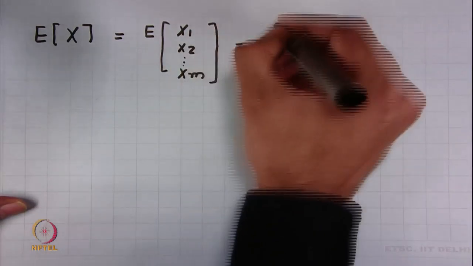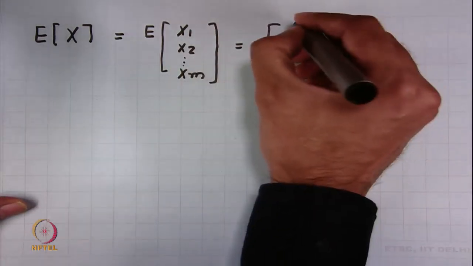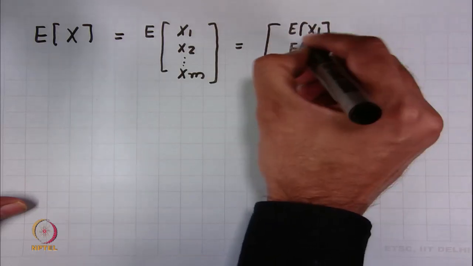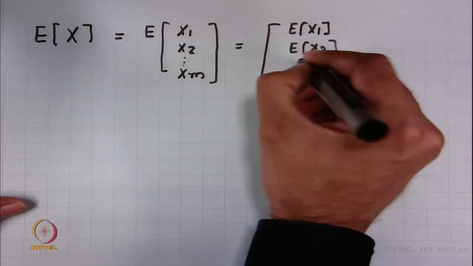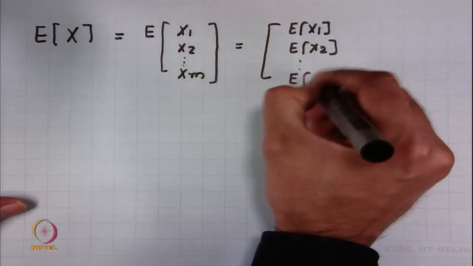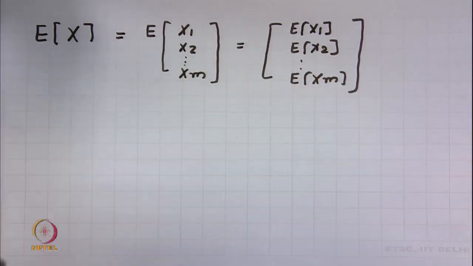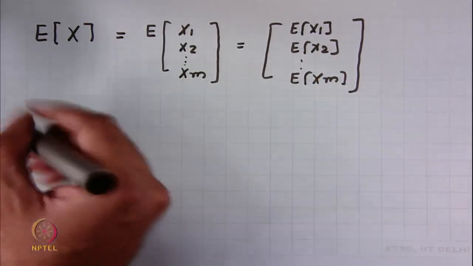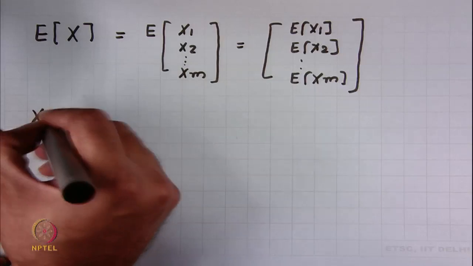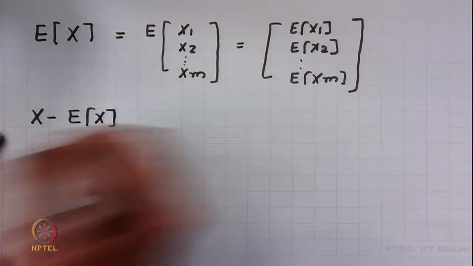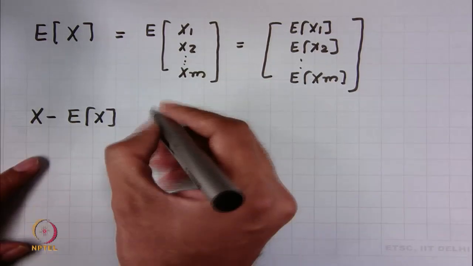So, I can take the expectation element wise. Okay. So, taking expectation is easy. Now, let us say that I am interested in the random vector x minus expectation of x. What about this random vector? How do we think about this?